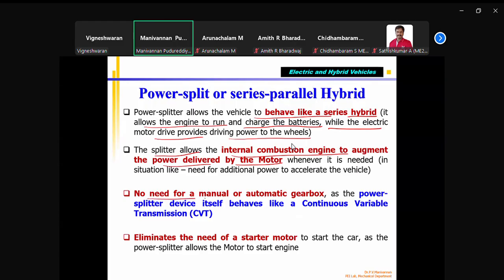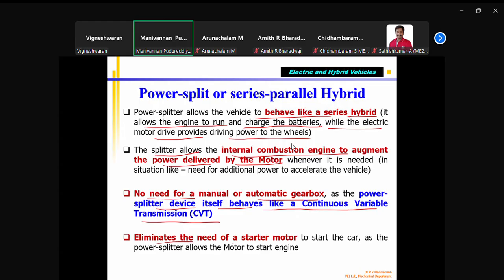There is no need for a manual or automatic gearbox, as the power splitter device itself, the sun gear arrangement itself, behaves like a CVT, a continuously variable transmission system. It automatically adjusts the torque and power delivered from the engine. That is one advantage of the series parallel hybrid, because it has a planetary gear arrangement. The transmission works like a CVT.